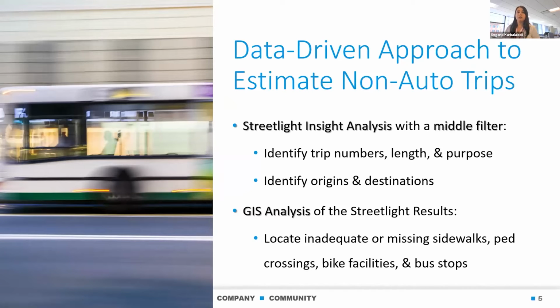This way, the information that we're going to have is identifying trip numbers, length, and purpose, and identifying origins and destinations of those trips. And then taking all of this information into GIS analysis and looking at the StreetLight results, we can locate inadequate or missing sidewalks, crossings, bike facilities, bus stops, etc., that would be needed for more active transportation.